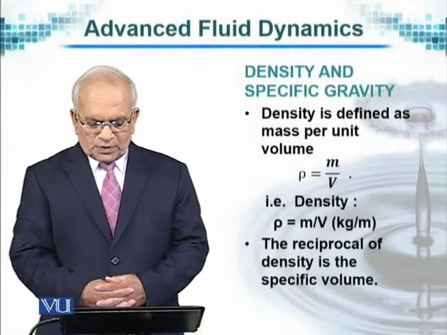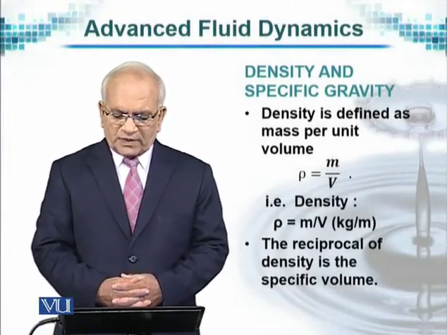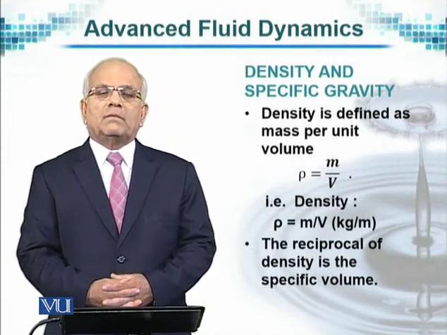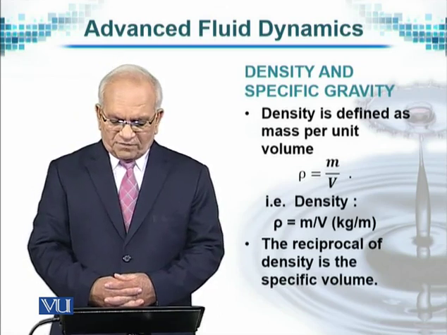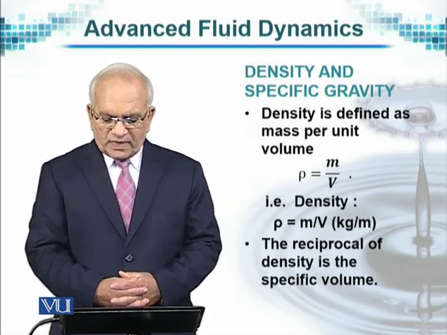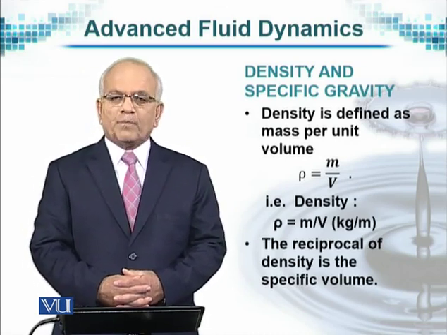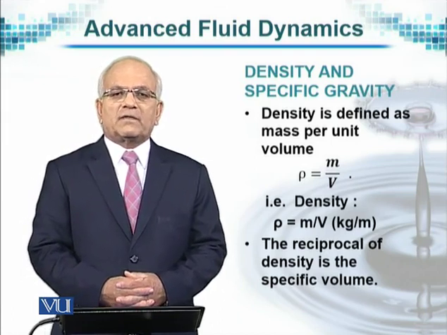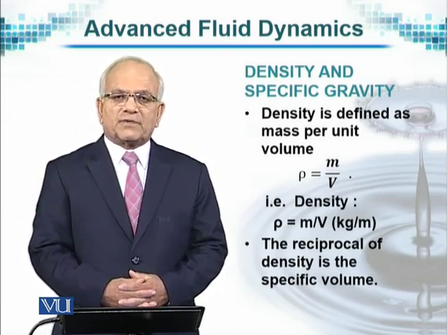Now we come to describe the density and specific gravity, the two terms that we use in our everyday life. Every now and then we talk of them. The density is defined as mass per unit volume of any fluid or any body, any mass that is under consideration.